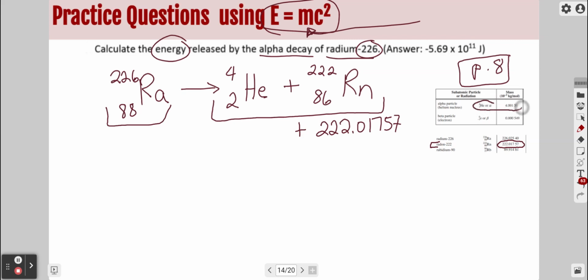The helium, here we go. It's 4.00151. All right, and then we have our radium-226. That's this, radium-226. You got to watch those mass numbers. Make sure you got the right one. And it's 226.02540.